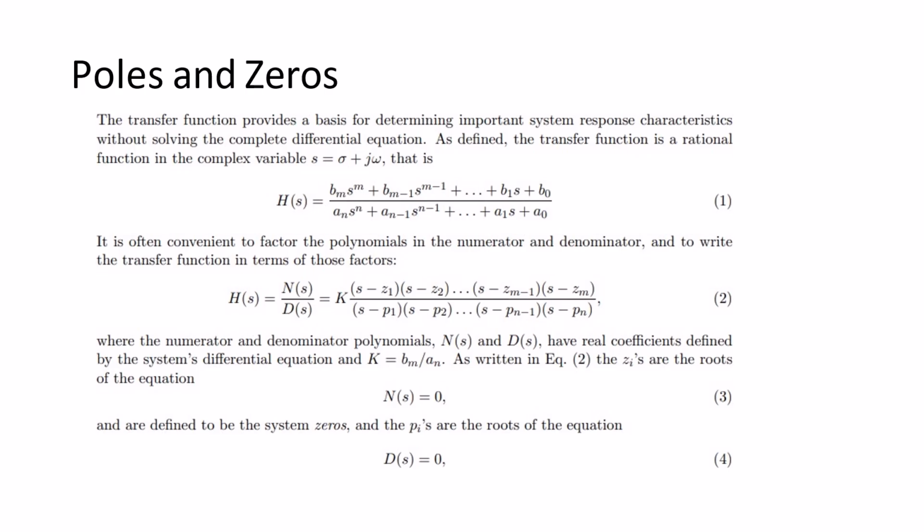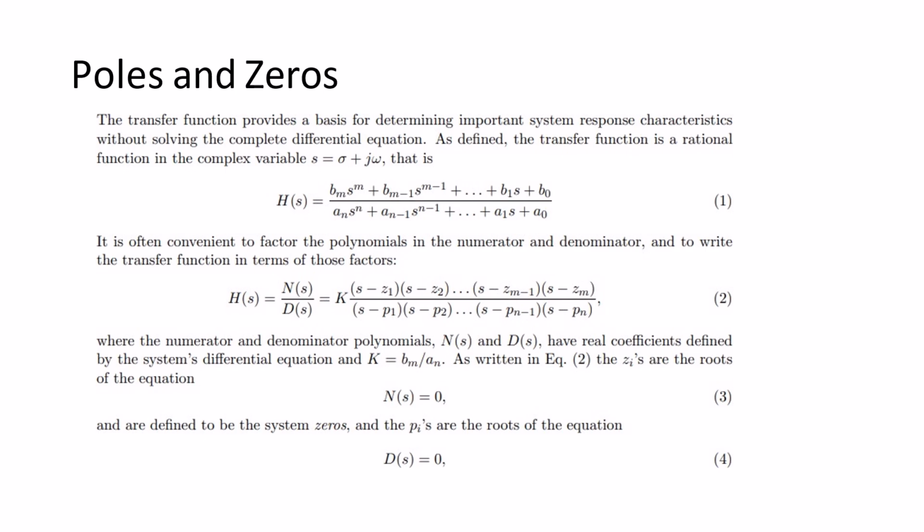Now if we factor this, we get a factorized numerator and denominator, which looks like (s minus z1) into (s minus z2), and likewise. In the denominator we also have factored terms, (s minus p1), (s minus p2).